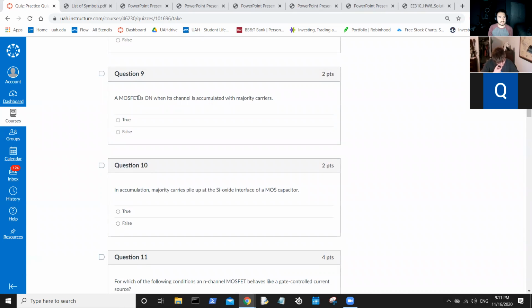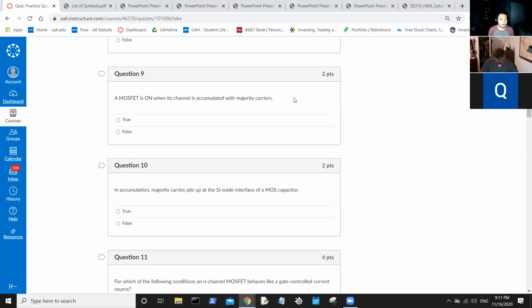Question 9. A MOSFET is on when its channel is accumulated with majority carriers. I think this is true. Let me try and compute why real quick.